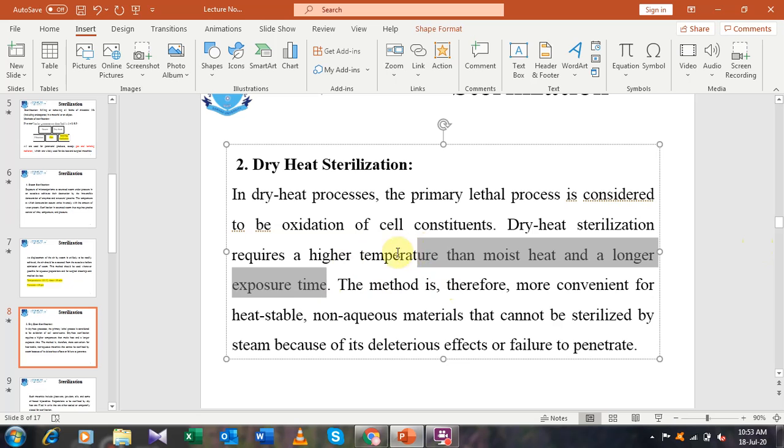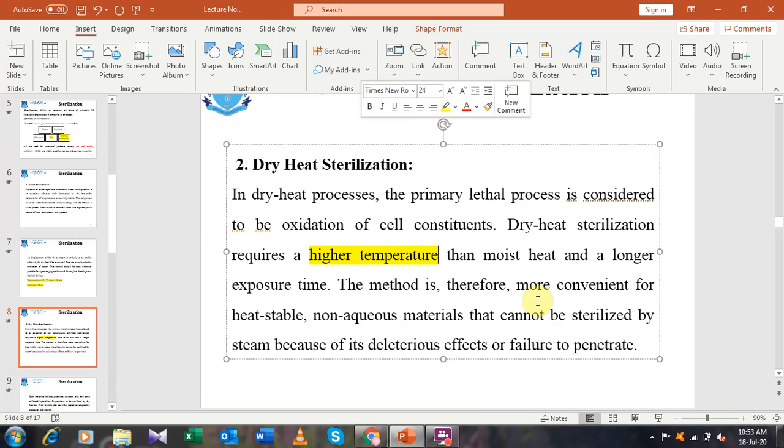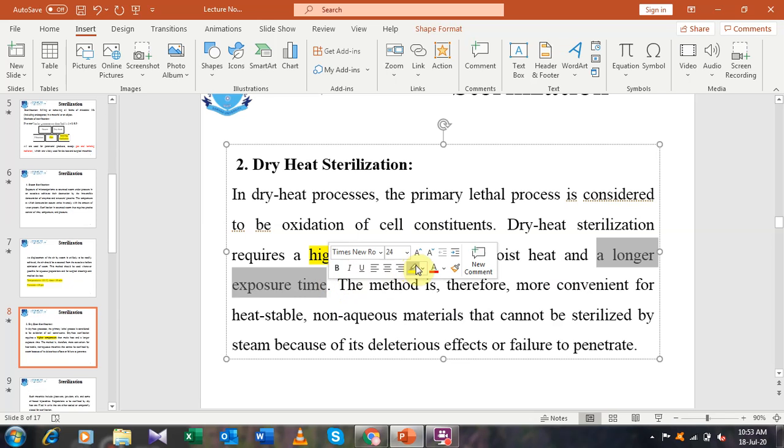It requires not only a high temperature but also a longer exposure time compared to moist heat sterilization, as we discussed previously.